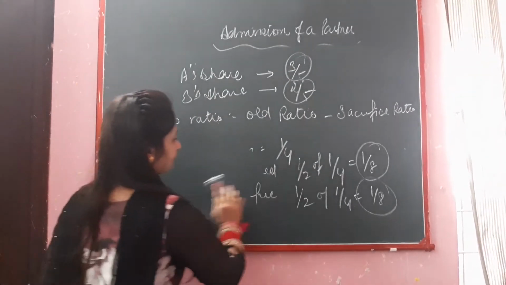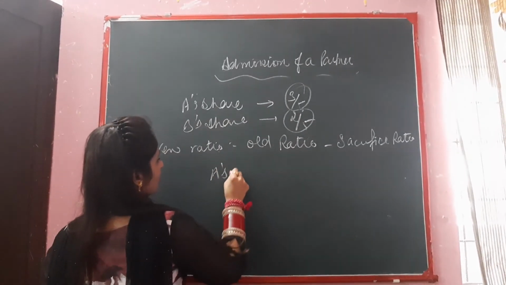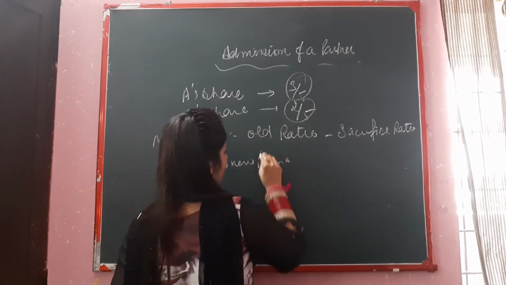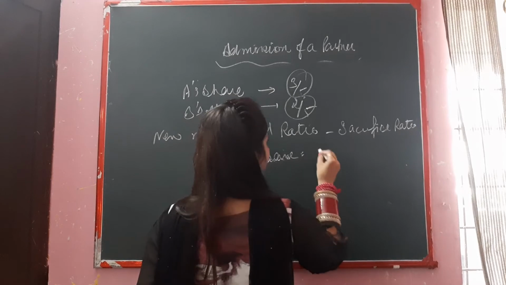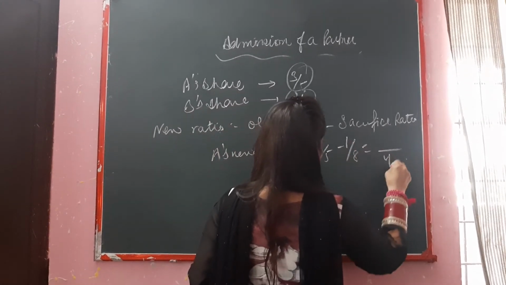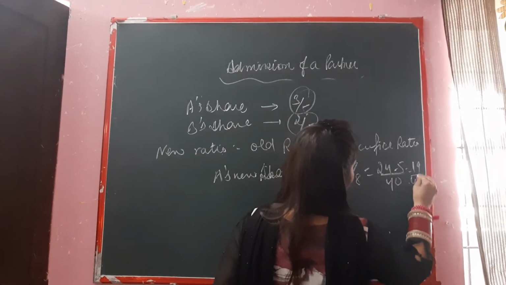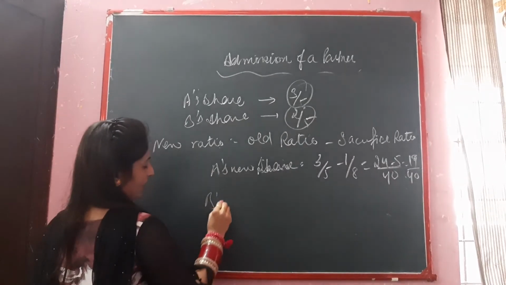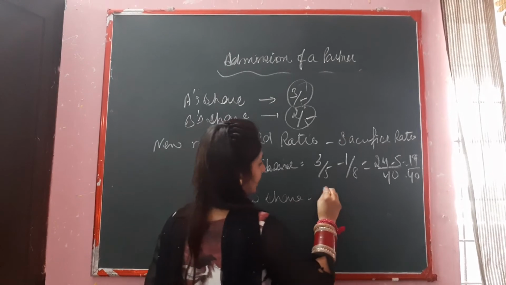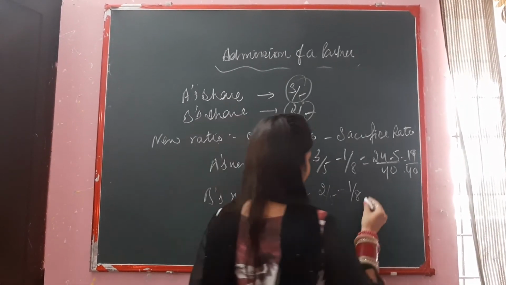So see, A's new share will be 3/5 minus 1/8, that is 19/40. And B's new share will be 2/5 minus 1/8 because both have sacrificed equally.